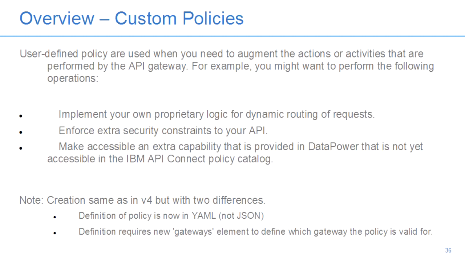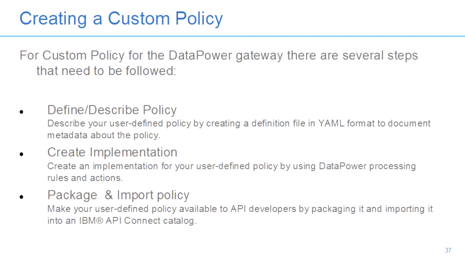Now it's got to be in YAML format, and because we now support 2 gateways, and the implementation for the different gateways, the DataPower Gateway and the Micro Gateway, are different, we need to be able to define which gateway the policies are available for. So within the policy definition, there is a new gateways element that you need to define, and for DataPower, you need to specify a DataPower Gateway entry for your gateways element.